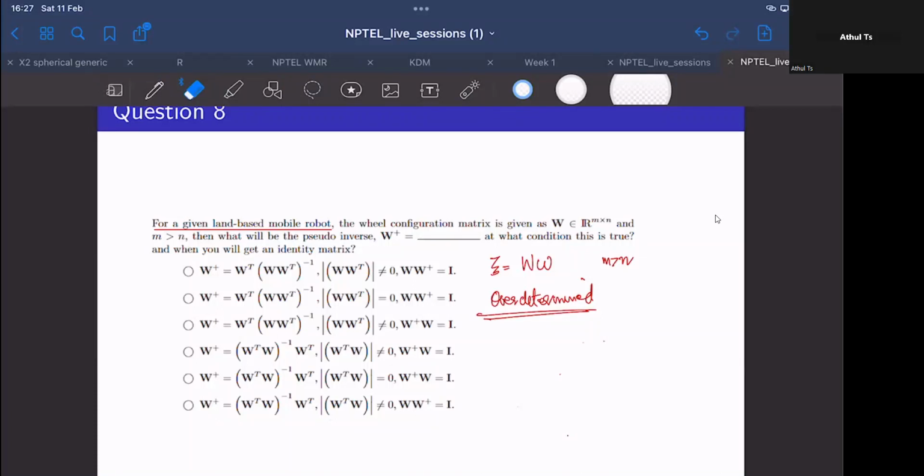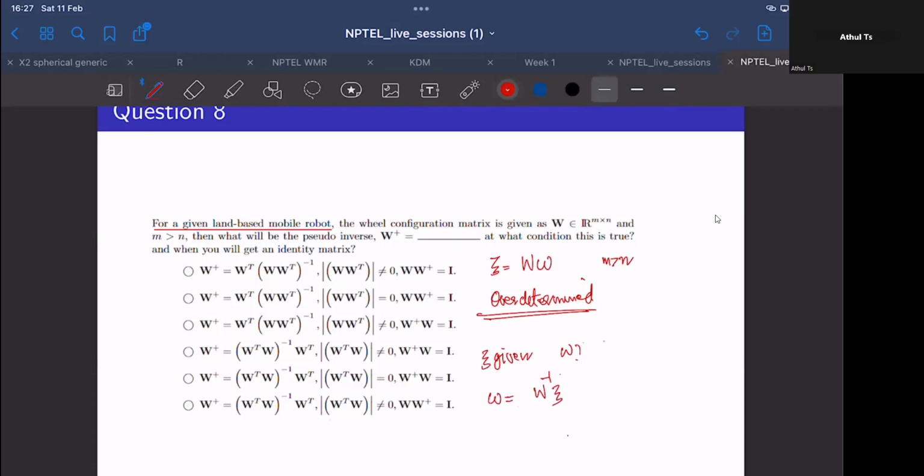But if the number of equations is greater than the number of unknowns, we have no solutions. So if zeta is given, how would we find omega? If M were equal to N, we would simply use the inverse matrix, right? Omega would be W inverse zeta.